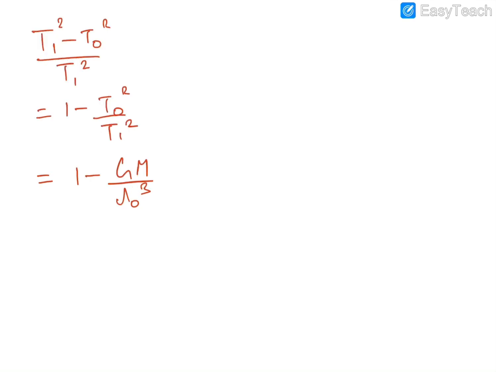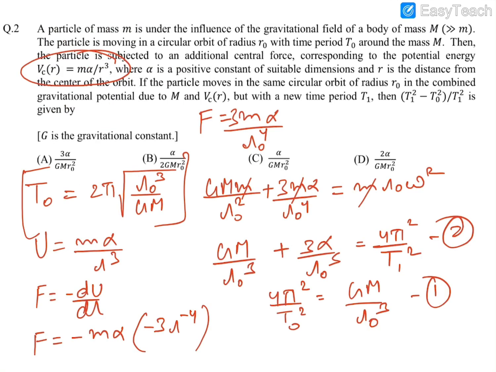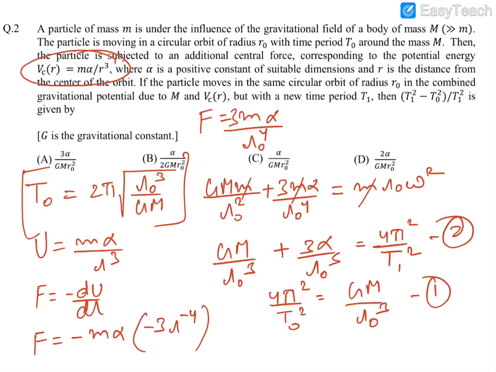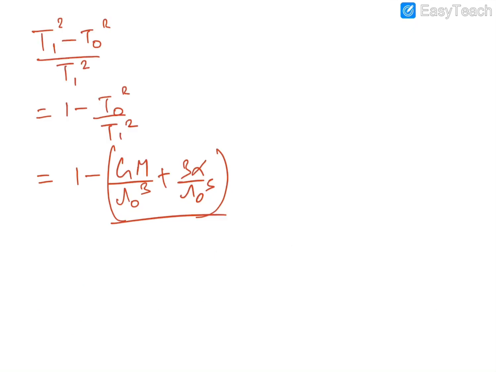In fact, we have to find out t0 square by t1 square. So we'll be dividing this equation by this equation. So GM by r0 cube plus 3 alpha by r0 to the power 5, divided by GM by r0 cube.